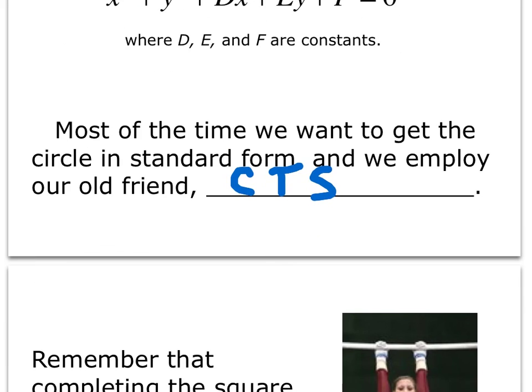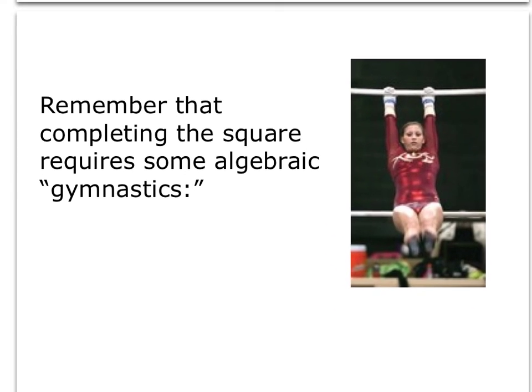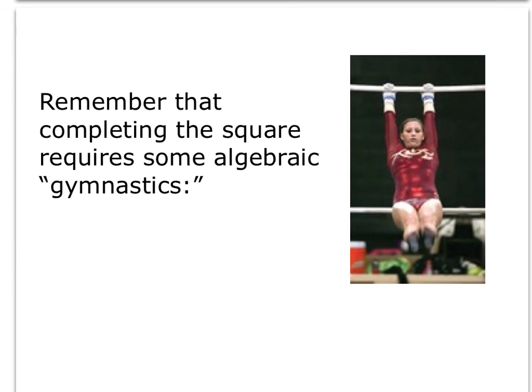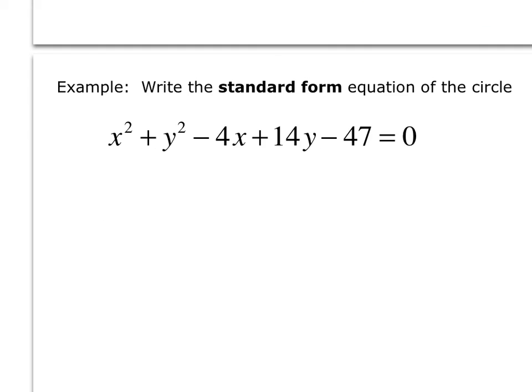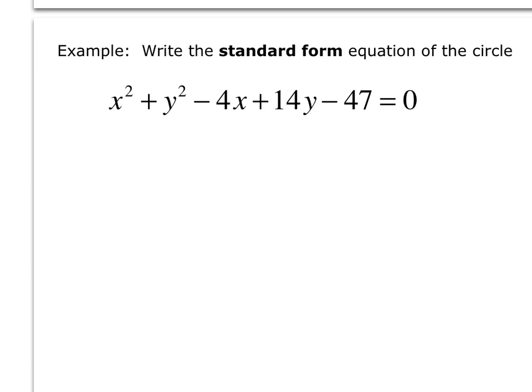Now you might remember completing the square was a little bit tricky. We had to employ some algebraic gymnastics to get it in the right form. So we'll look at an example here so you can see how that works exactly. Alright, here's an equation that's in general form. Later on we'll be able to tell that this is a circle and not another kind of conic. Right now let's see if we can pick out the key features of this circle, the center and the radius, by the time we're done here.